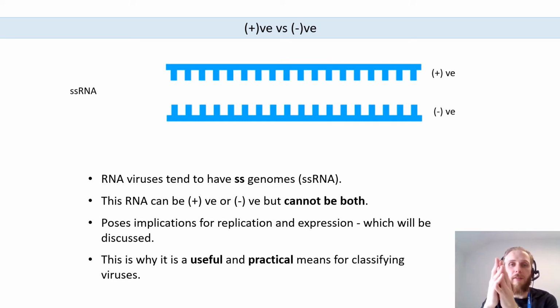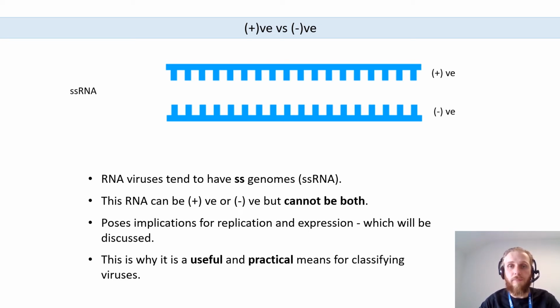Now, we've said some RNA viruses will have a positive sense genome, and their genome is RNA. So essentially, it is no different from mRNA in the cell. It is no different in structure to the mRNA that is in the cell.